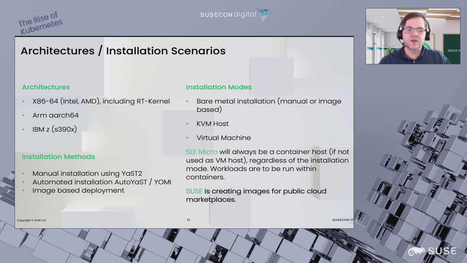SLE Micro can be used as a bare metal container host OS on standard server systems. It can be used as a KVM host, and it can be used within a virtual machine. And on top of that, of course, we do support SLE Micro in the public cloud.